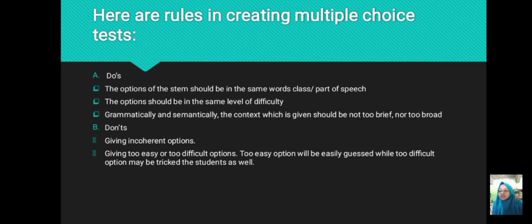The last, grammatically and semantically, the context which is given should be not too brief nor too broad. B. Don't. Number one, giving incoherent options and giving too easy or too difficult options. Too easy options will be easily guessed, while too difficult options may trick the students as well.